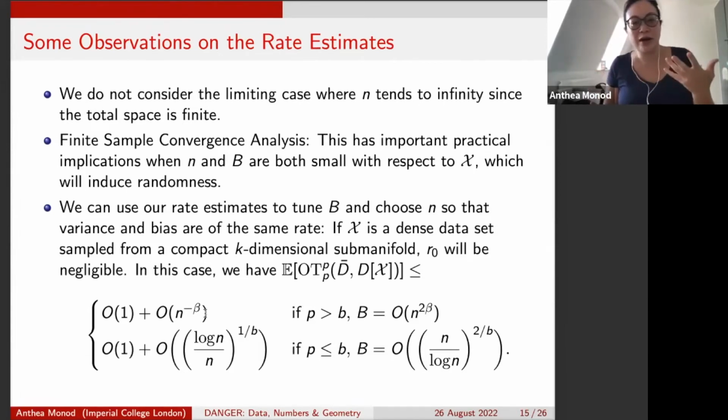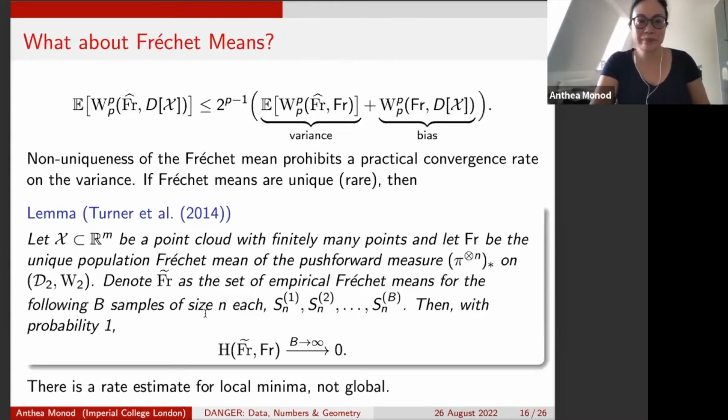We look at the values of the variance and the bias together, and we want them to be roughly the same rate, and we can use that to tune how big our samples and how many samples we should take. So this is how we can use our results to tell you how many samples we should take and how big they should be.